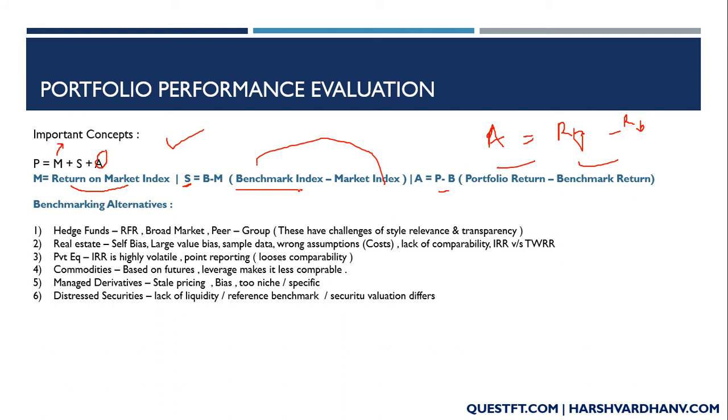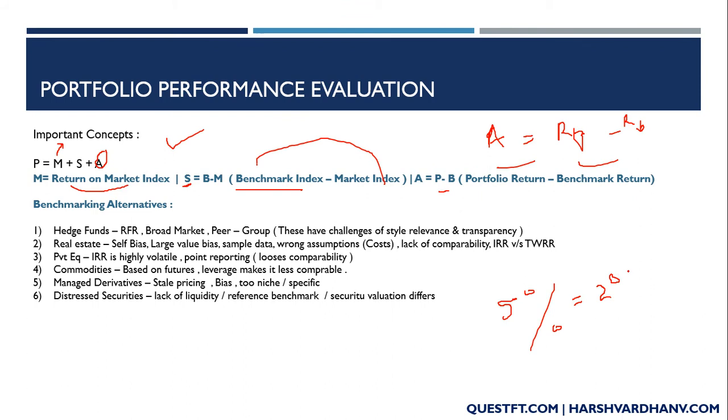Why is this important, and why is this short formula very important for your understanding? See, what happens is a portfolio return should be broken down into multiple factors. So if a portfolio manager is earning, say suppose he is earning 5%, so the P term over here is 5%, and say for that matter that the index or the benchmark itself is giving 2%.